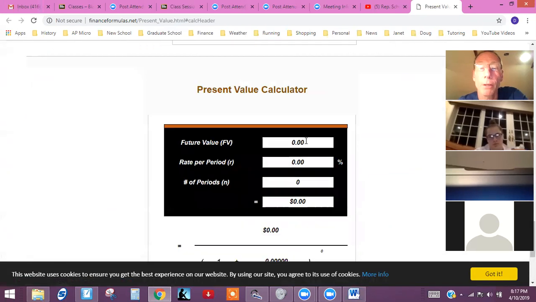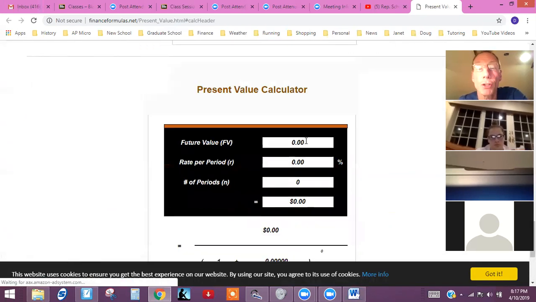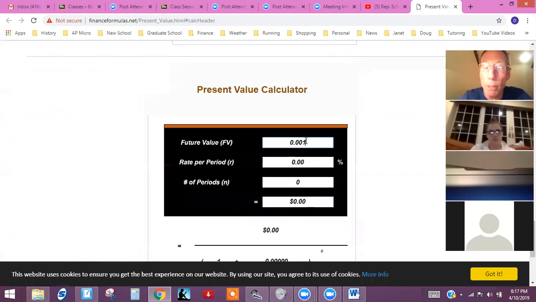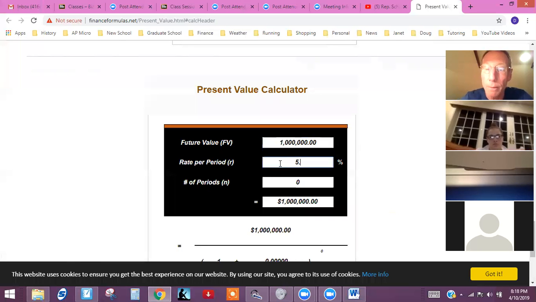Well, here it is. Okay, so say you want to have $1 million. How many zeros is that? 1, 2, 3, right? And you're going to earn 5%. And you're going to wait till you're 60 years old.